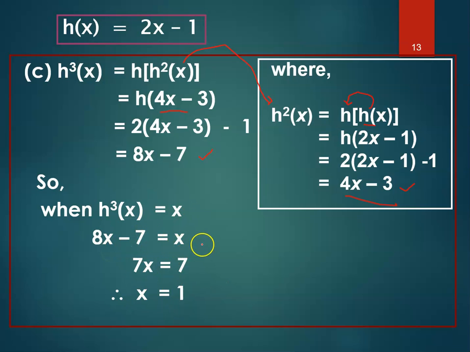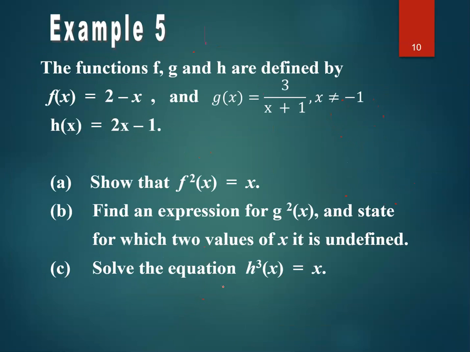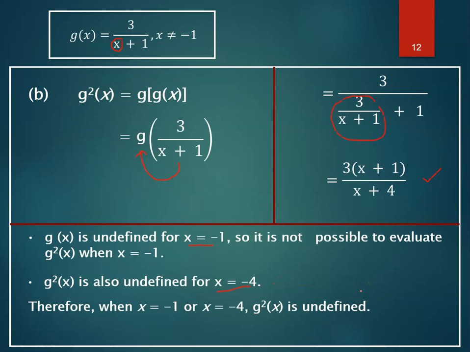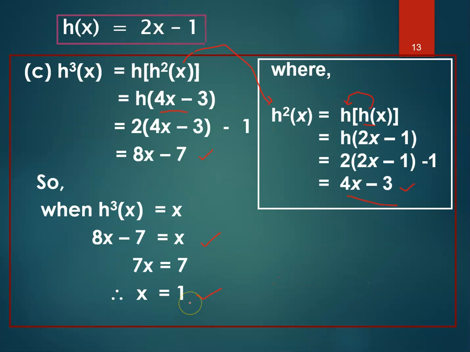So this one you just, what do you say, rearrange. You just susun semula, you just rearrange this until you get the value of x. Okay, because the equation needs you to solve for this equal to x. So solve meaning that you need to find the value for x, which is your value for x equal to 1.